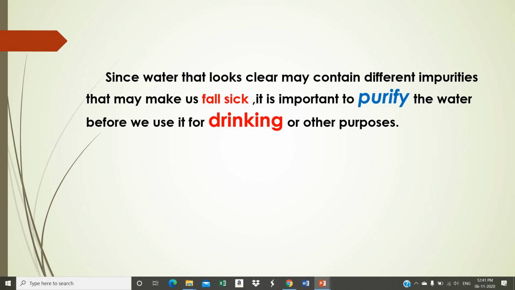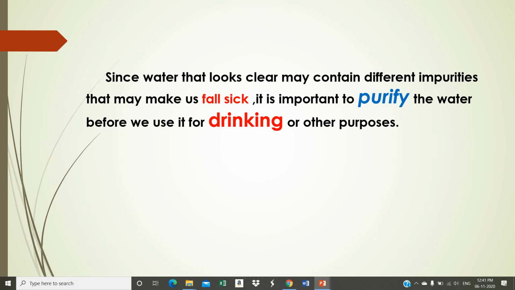Now, since water that looks clear might contain different impurities, which might make us sick, it is important to purify the water before we use it for drinking or other purposes. Therefore we must never use the rainwater directly for drinking.